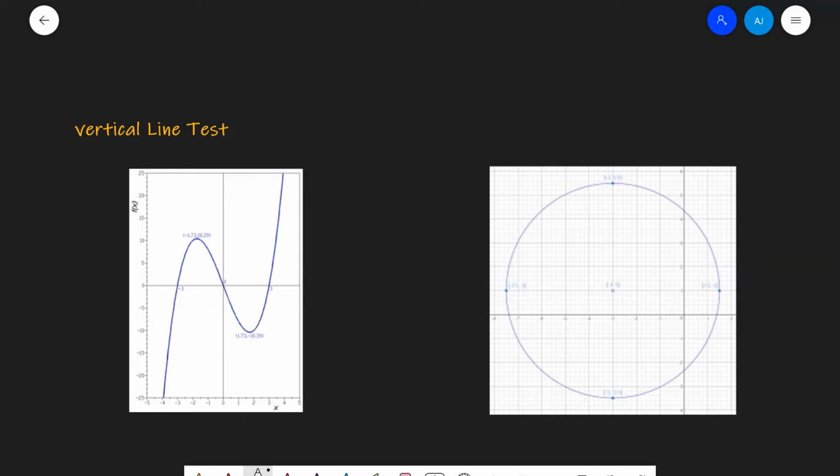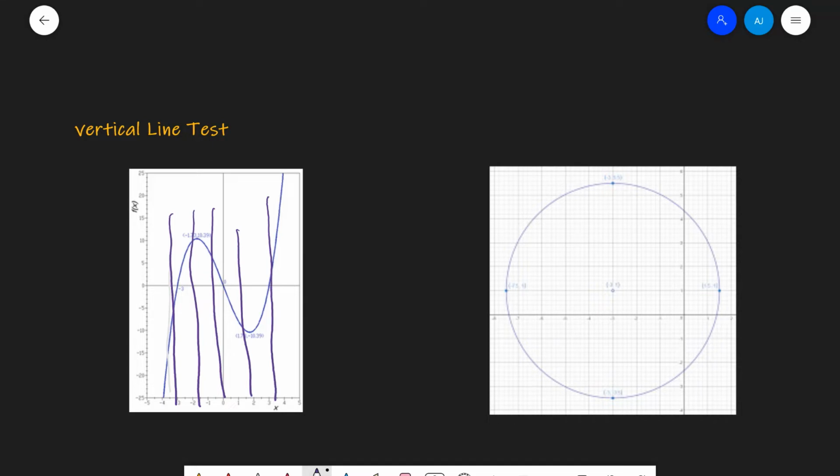So as you can see here, if we draw vertical lines throughout the graph, let's just use a different color. So if we draw lines throughout the graph, there is never a line that has multiple points of the graph intersecting the line. Thus, this graph passes the vertical line test and is a function.